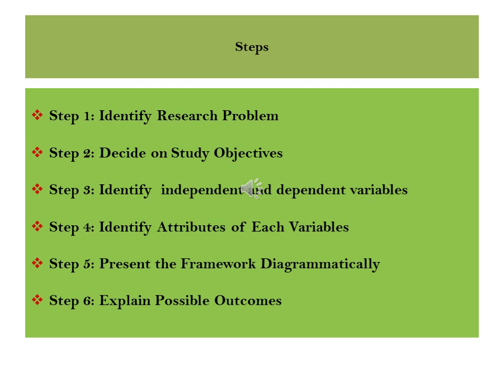Once the variables have been identified and the attributes of each variable have been found or delineated, then the next step is now to present the framework diagrammatically. Then step 6, you explain the possible outcomes or the possible relationships that a researcher believes would exist between the independent and dependent variables. We want to have the next discussion as an illustration on exactly how this can be presented in actual research situation.